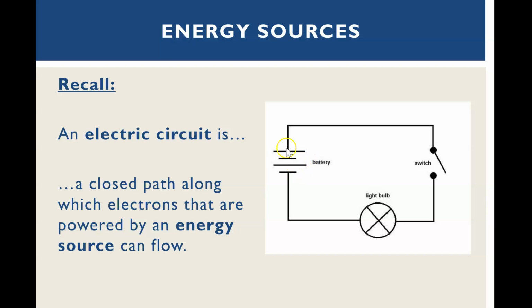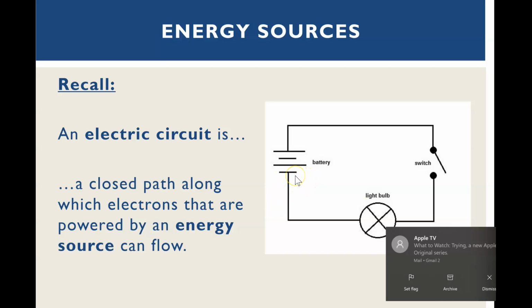Conventional current is based on what scientists used to think about which particles are actually flowing through conductive materials. They used to think that the protons were the ones that were moving. Now we know that it's not the protons, it's the electrons that are moving around the circuit.